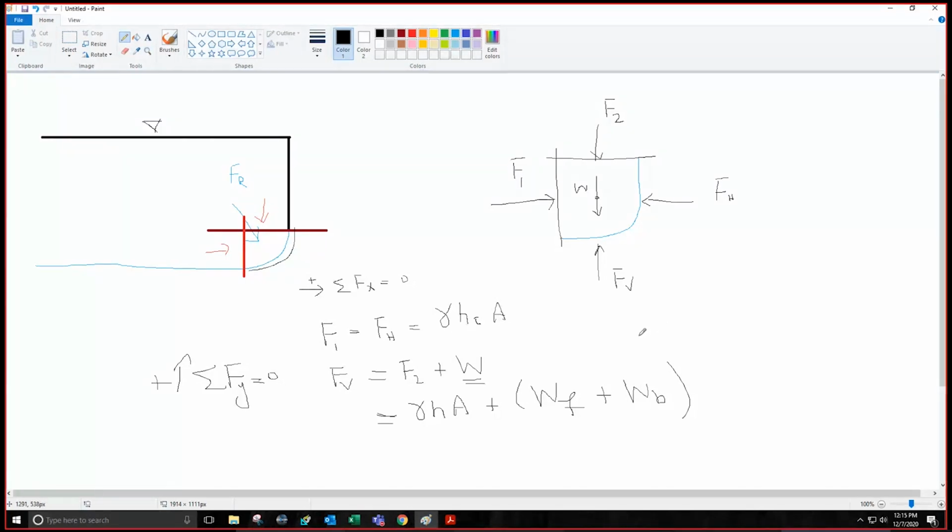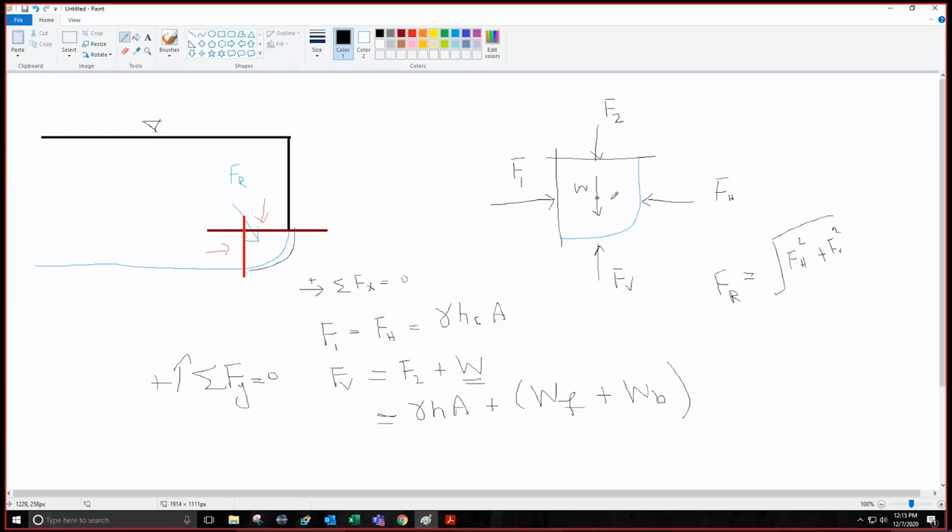Yes, sir. The resultant force Fr would be equal to under root Fh square plus Fv square. And the direction of the resultant force would be, the direction क्या होगी? Statics में आपने calculate किया होगा.